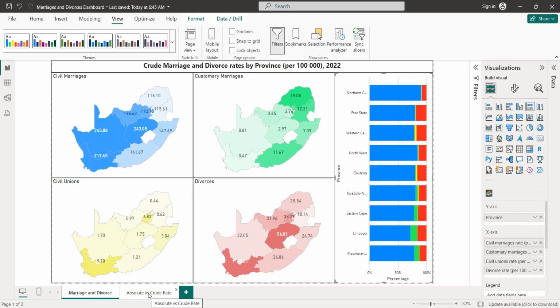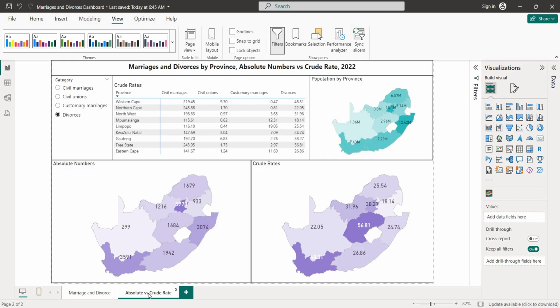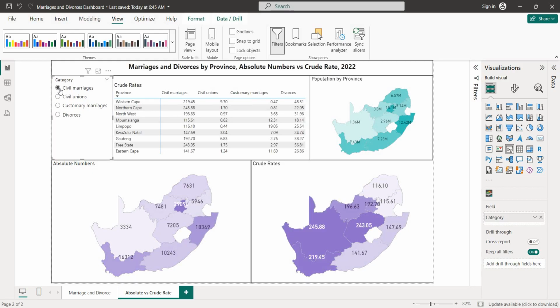Okay, moving on to absolute versus crude rate. So absolute numbers versus the crude rate. This refers back to part 1, where I commented that the release had a lot of absolute numbers, and it may not be clear whether this is a reflection of the actual population distribution amongst the provinces, or genuine propensity for people in those provinces to get married or divorced.